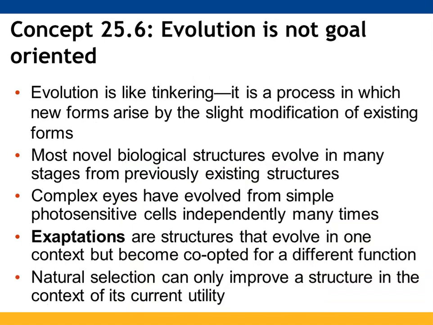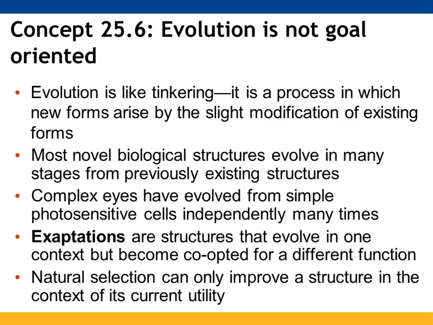Evolution is not focused on a specific goal. It is tinkering. It is a process in which new forms arise through slight modifications in existing forms. Most new biological structures had some sort of pre-existing structure that they evolved from. Eyes would be one example.